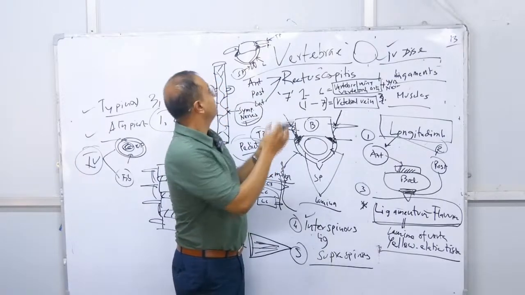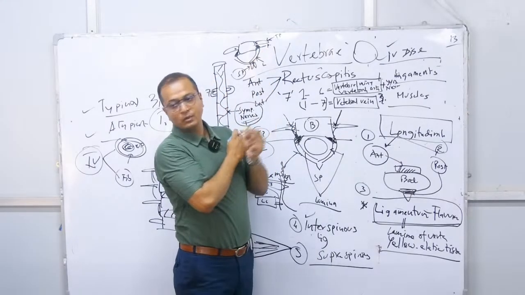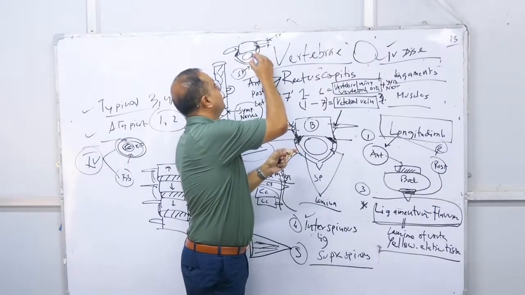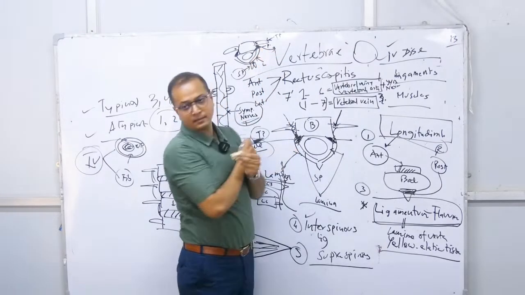Now, you see this region where I am blacking with the ink, that means on the top of the pedicle, the spinal nerve exits through this part like this.